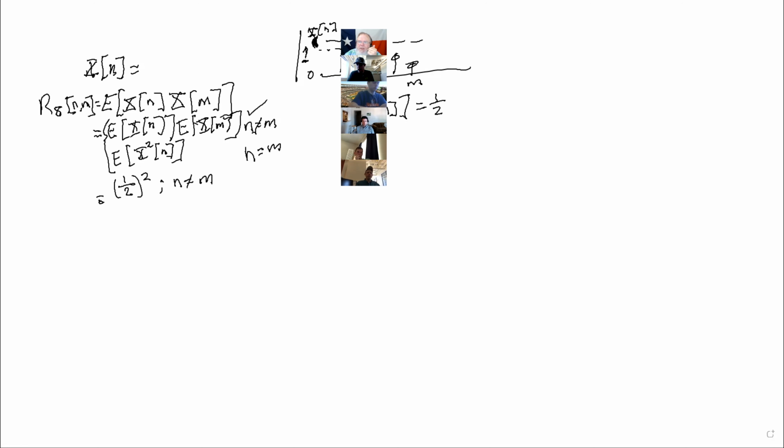It's equal to the integral from 0 to 1 of x squared times the density function, right?